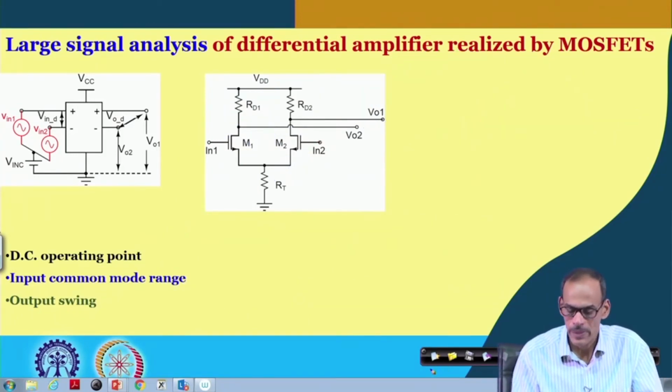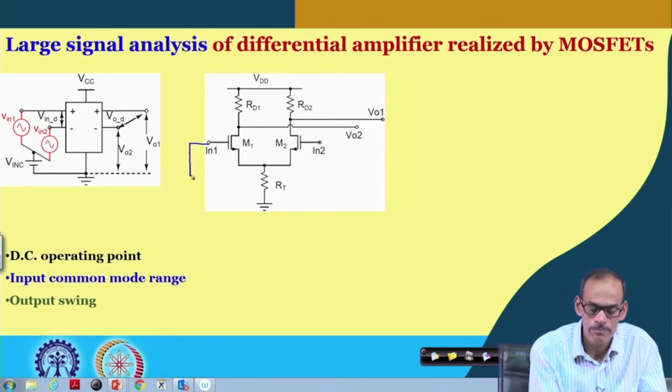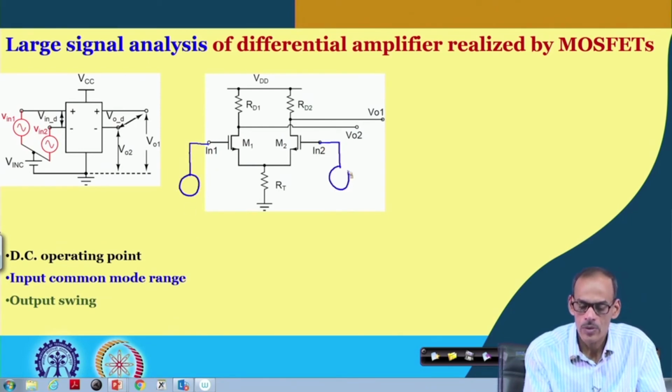Now, at the input, if we apply a voltage, so far we have been talking about small signal. Now, in case we apply a large signal, keeping this voltage constant, then what happens?